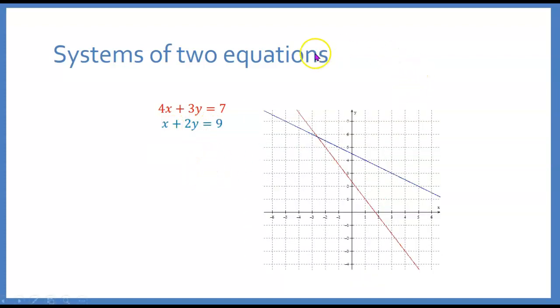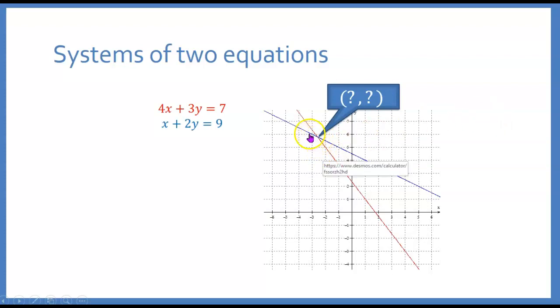What about this system? Here, the orange line, or I guess it's red maybe, is 4x plus 3y equals 7 still. But now the second equation, the graph is this blue line, x plus 2y equals 9. Can you see where these two lines cross? Well, I can see where it is, but the coordinates of that point, I can't tell exactly what they are.